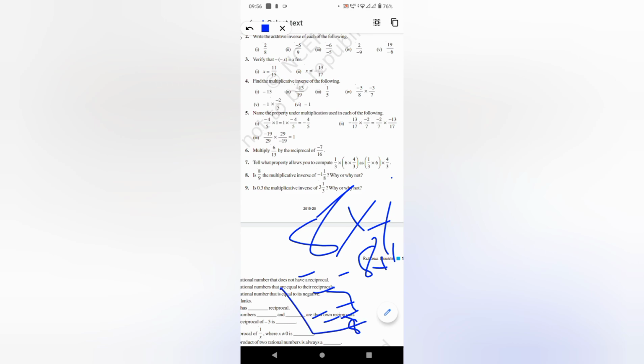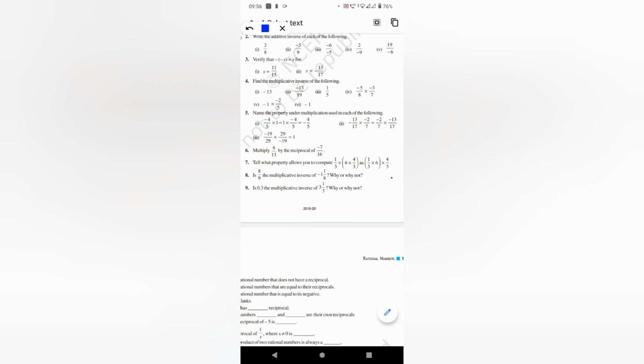So it is not minus 7 by 8, so it is not true, it's false. Because when we convert this mixed fraction to improper, it will not be equal to 8 by 9.